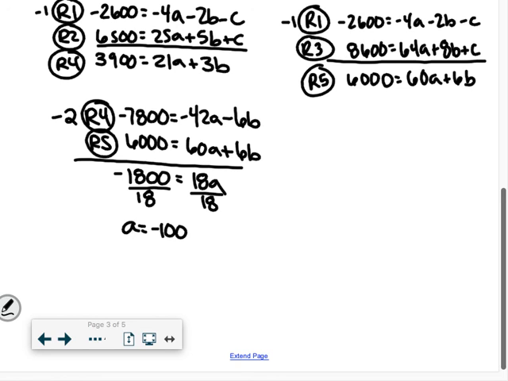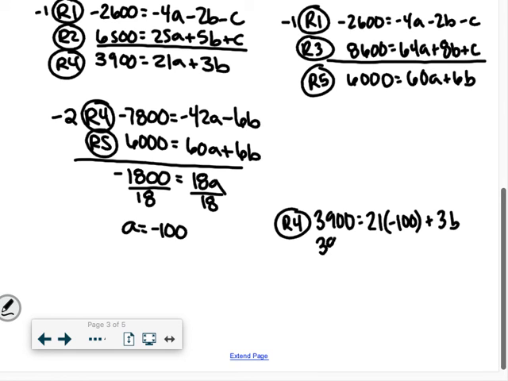So after I find A, I can go back to row 4 or row 5 and find B. Okay, so I'm going to go to row 4. In row 4, 3,900 equals 21 times negative 100 plus 3b.